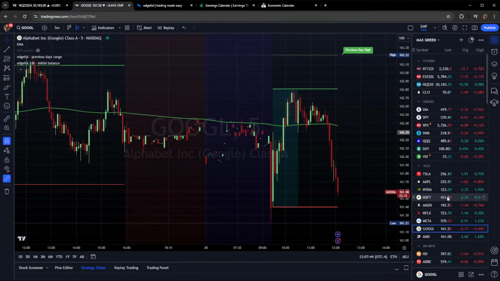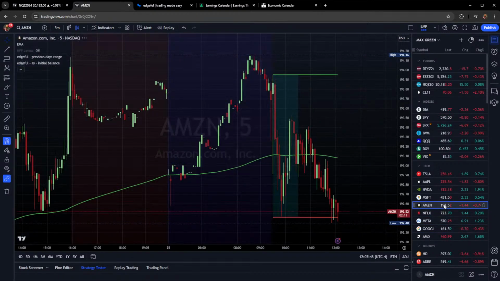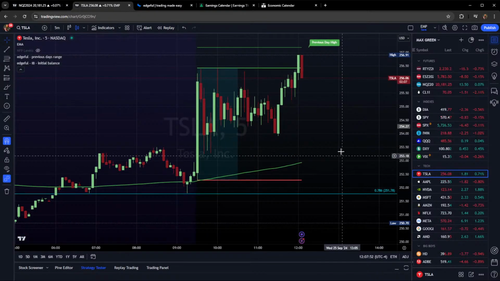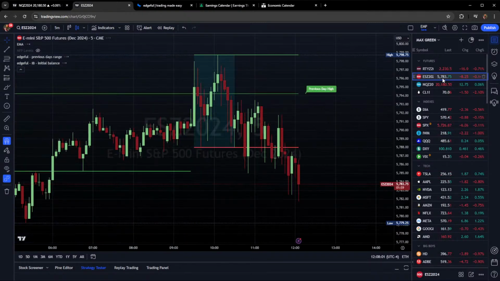About this pop and fade across the board today. Look at Tesla. Tesla wants to break out whenever the market's trying to break down. Why does that always seem to happen? That's Amazon's playbook. What are you doing, Tesla?